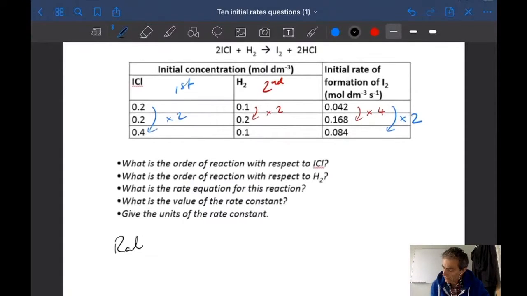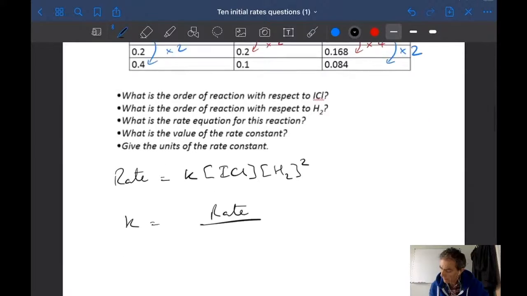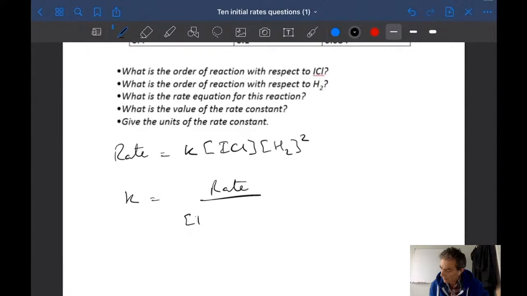So rate equals K, ICl, order 1, remember H2 is second order. Rearrange for K, rate over ICl times H2 squared.